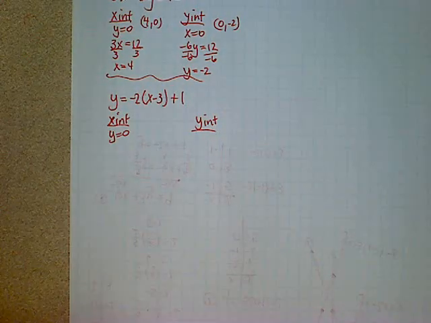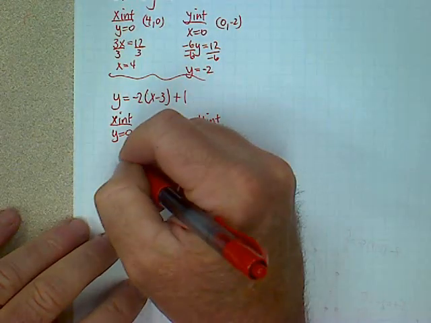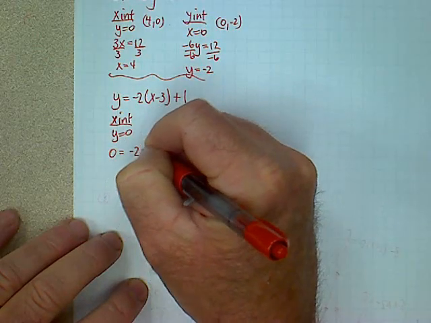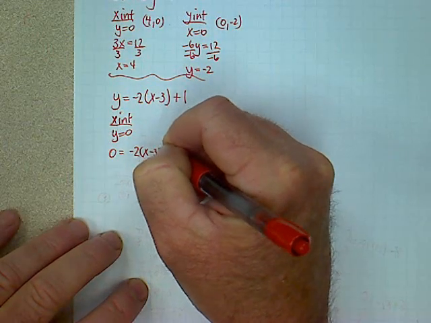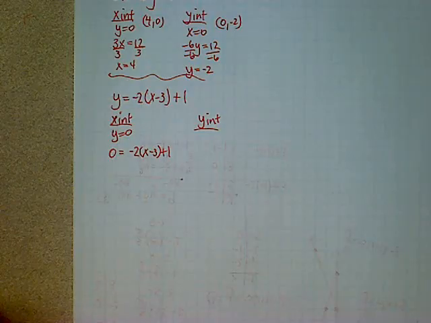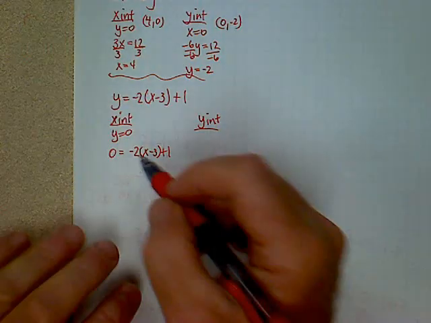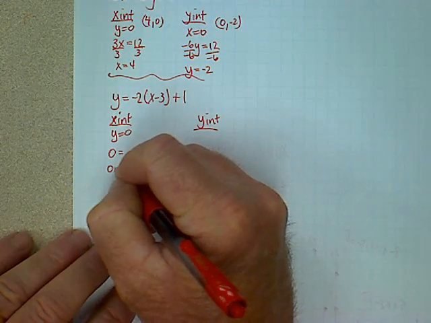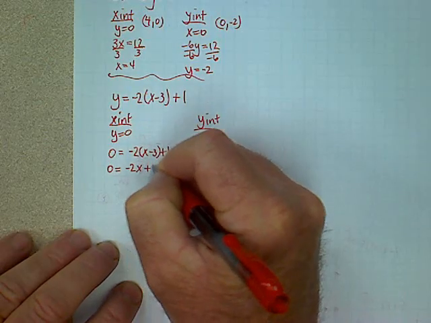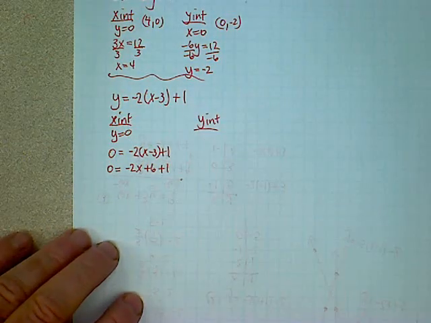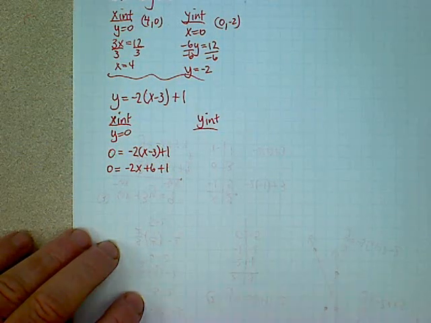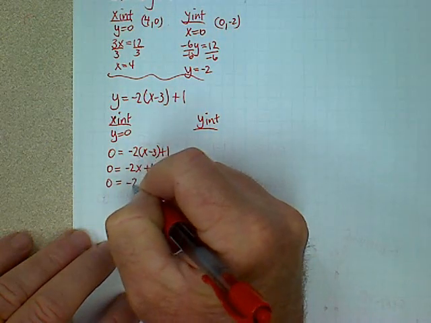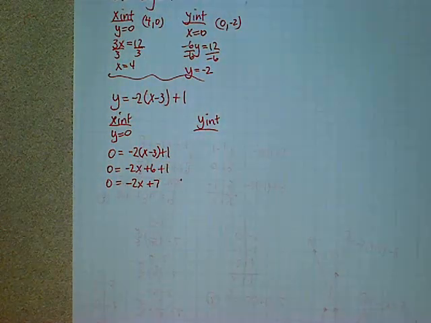So you're going to put 0 in for y, and that gives me 0 equals -2 times (x minus 3) plus 1. A little bit of work here. I need to distribute. So I have 0 equals -2x plus 6 plus 1. Combine my terms, so 0 equals -2x plus 7.